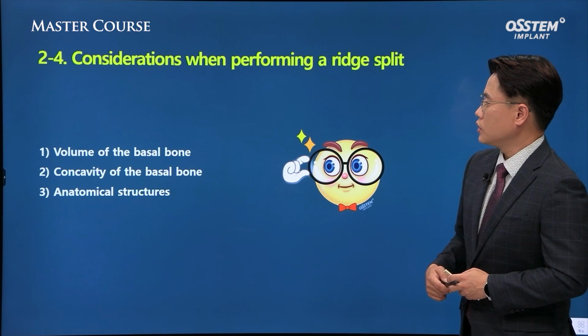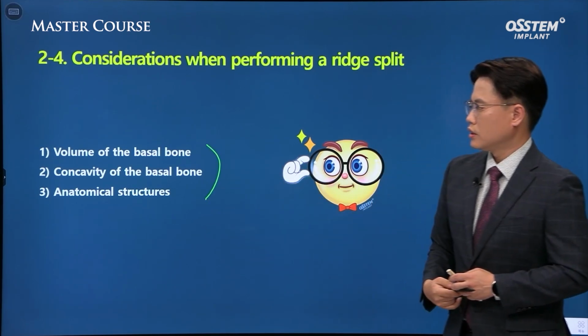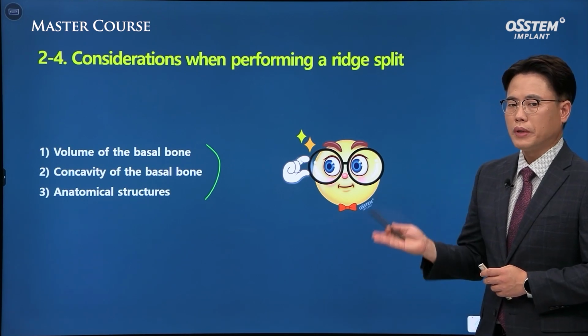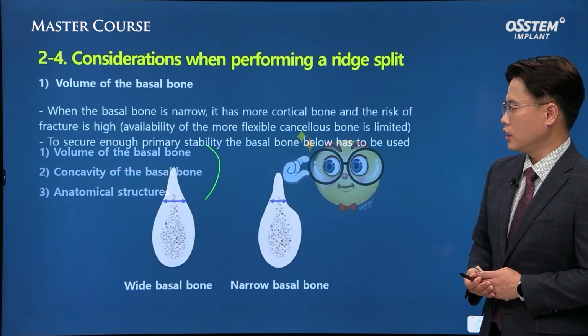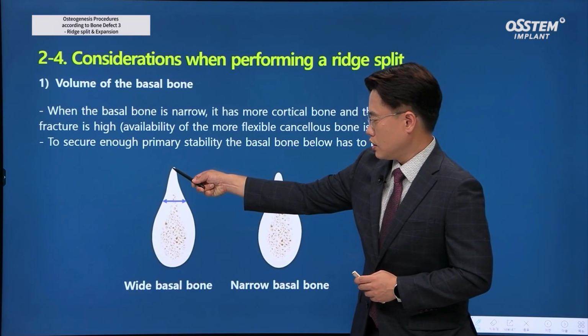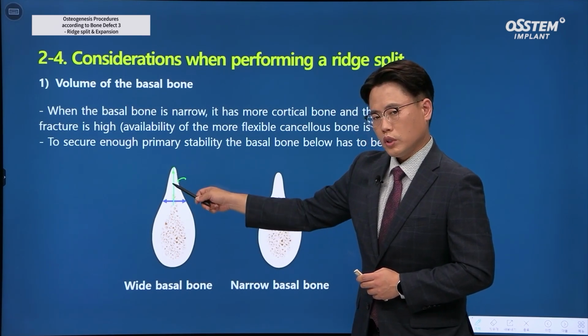When you do ridge split, these need to be taken into consideration. The indications and contraindications will be addressed. For a ridge split, the ridge needs to be thin rather than thick.